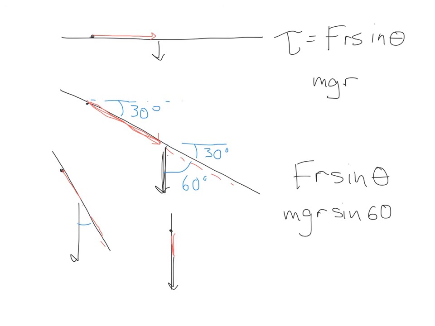So in that final orientation, the torque is going to equal 0. So as it falls, it experiences a changing torque, and that eventually decreases from a maximum value when it's horizontal to a minimum value of 0.